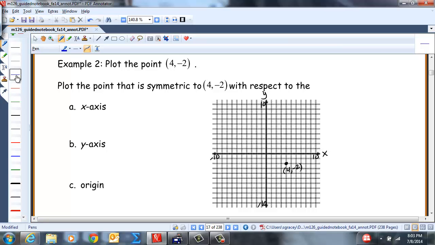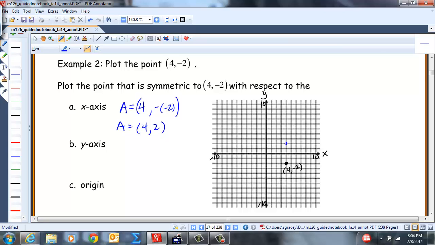Now, if I name this point A, we're supposed to plot the point that is symmetric to 4, negative 2 with respect to the x-axis. So we're supposed to replace y with the opposite of y. So this would yield the point A, which is equal to 4, comma, the opposite of negative 2, which of course would be 4, 2.